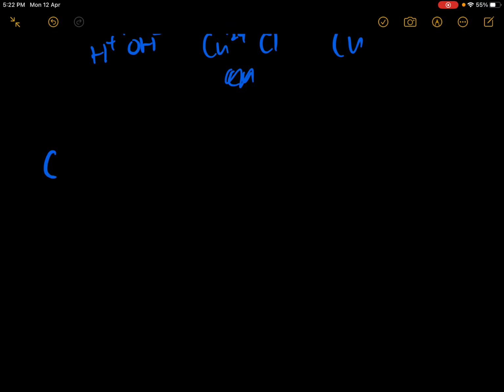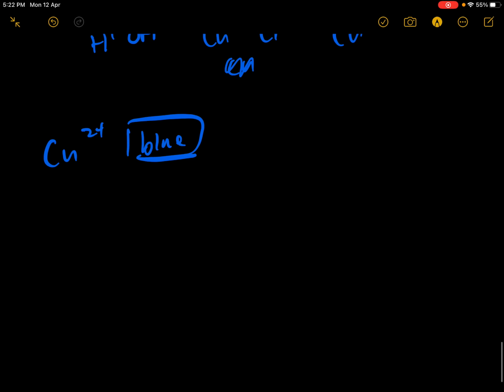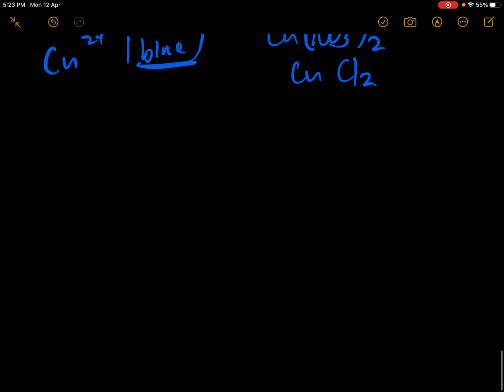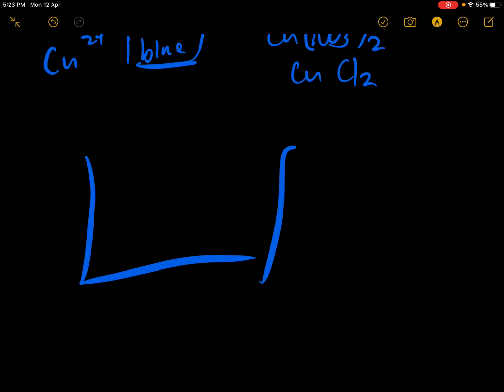For example, the most important one is copper. Copper 2 ions are always blue. That's number one. So if you see copper nitrate or copper chloride, I think copper sulfate also, I forgot if copper sulfate also works. But yeah, if it is a soluble copper 2 plus ion, the color of the solution will be blue.